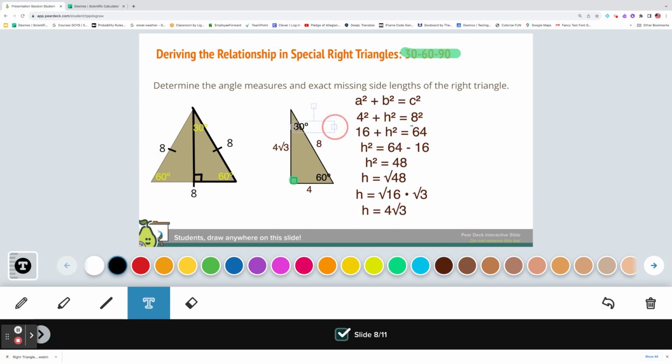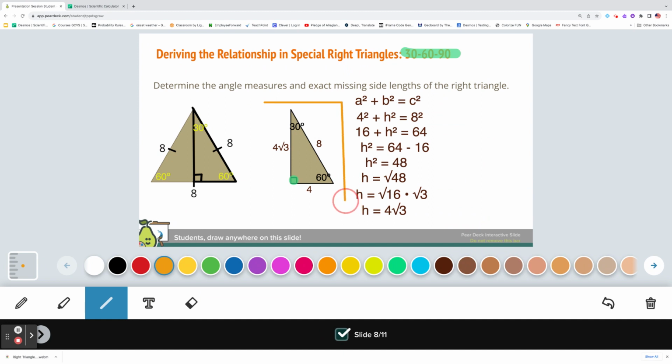So what is the relationship in a 30, 60, 90 right triangle? Now let's take a look at these numbers and see how they relate to each other. So it looks like there's going to be a short side length, right? It's the shorter leg. And it looks like this short side is always opposite the smaller angle, right?